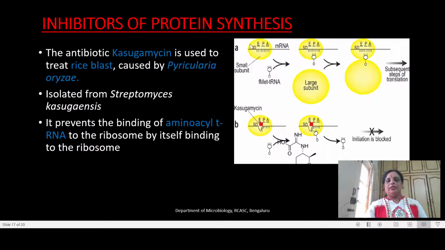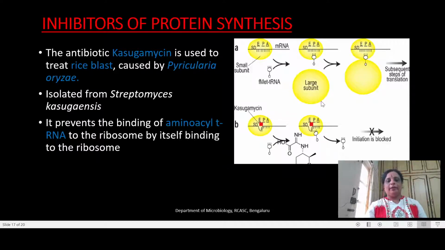Here, in this particular image, you could see how normal protein synthesis happens. Once the mRNA comes and binds onto the ribosome, during the process of translation, tRNA brings the amino acids and binds onto the mRNA, and the process continues.